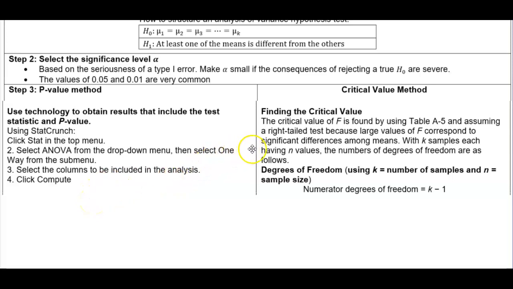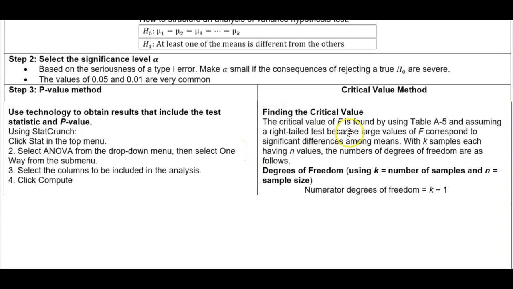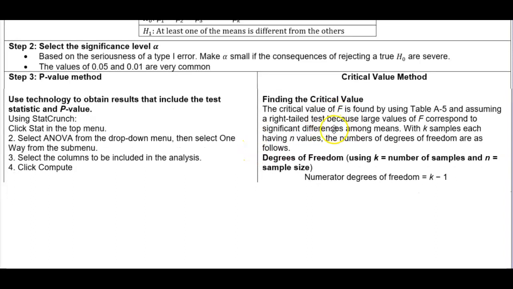Now, when you're using the critical value method, you're finding the critical value. The critical value of F is found by using Table A5 and assuming a right-tailed test because large values of F correspond to significant differences among means, with k samples each having n values.